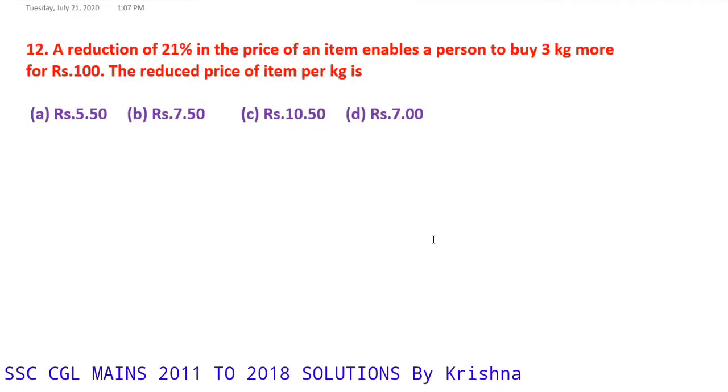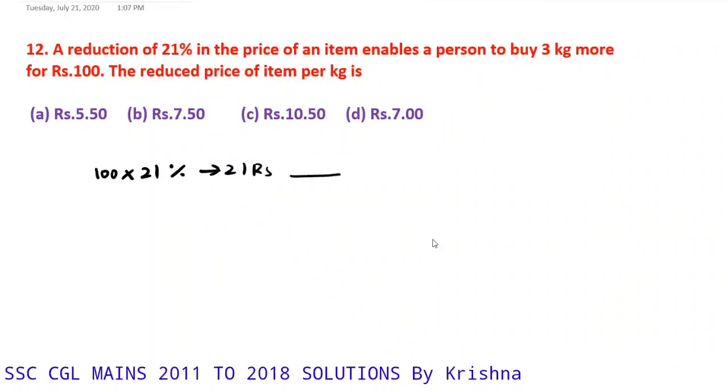A reduction of 21% in the price of an item enables a person to buy 3 kg more for rupees 100. The reduced price of the item per kg is? So here if we have 100 rupees, 21% of it will be equivalent to 21 rupees.